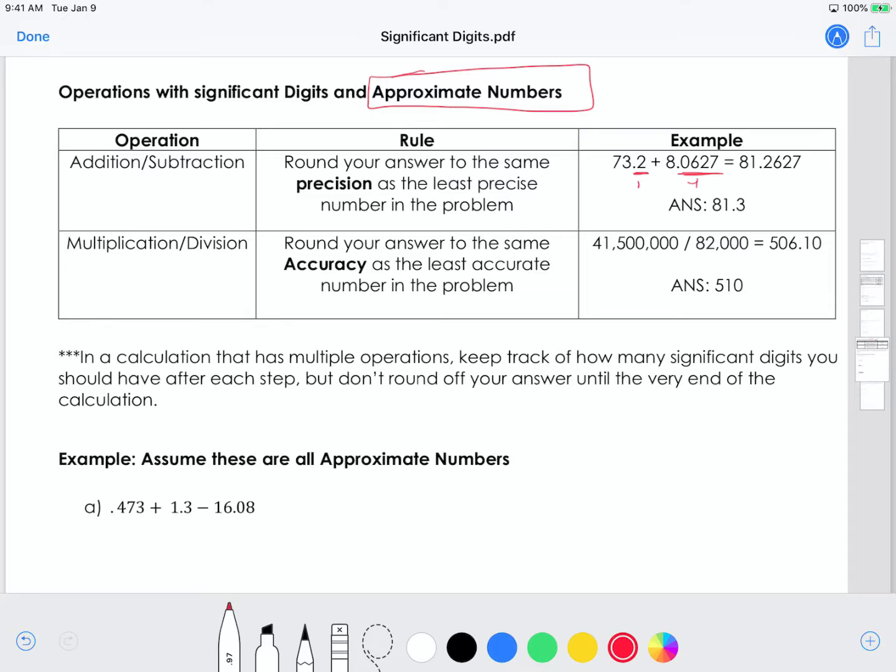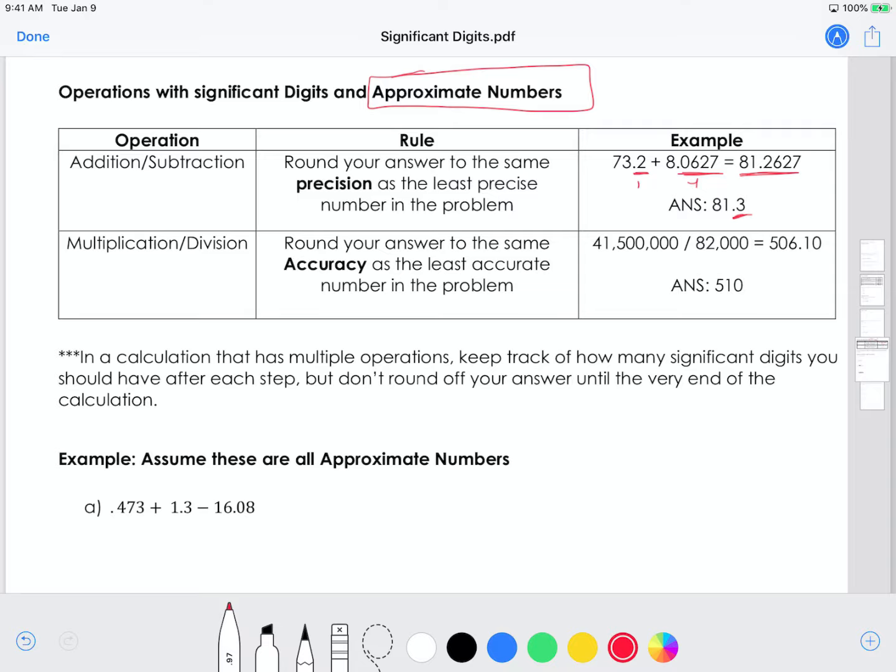So I want to make sure I look at the least precise number. And 73.2 is the least precise number because it only has 1 decimal place. So that means I want to round my answer to only 1 decimal place. So even though this is the answer we get on the calculator when we add it up, if we want to round it using precision and accuracy, I would round it to 1 decimal place for my final answer.